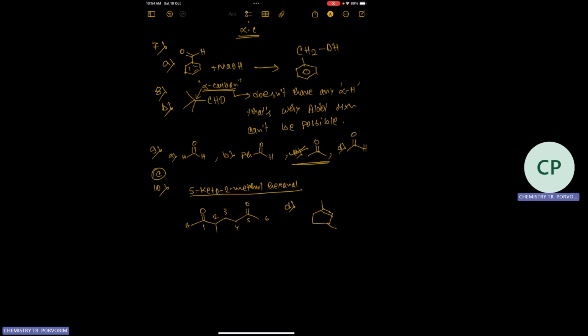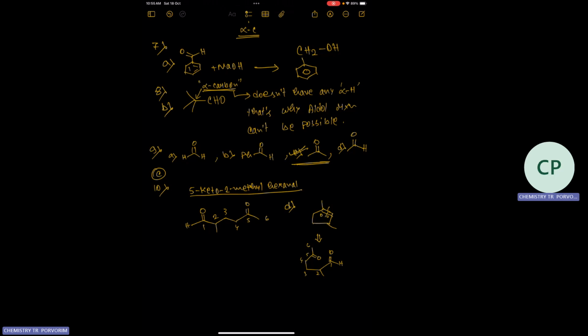If I do reductive ozonolysis, it breaks this bond, and there will be an oxygen on each side, so CH3 double bond O. Carbons 1, 2, 3, 4, 5, 6.